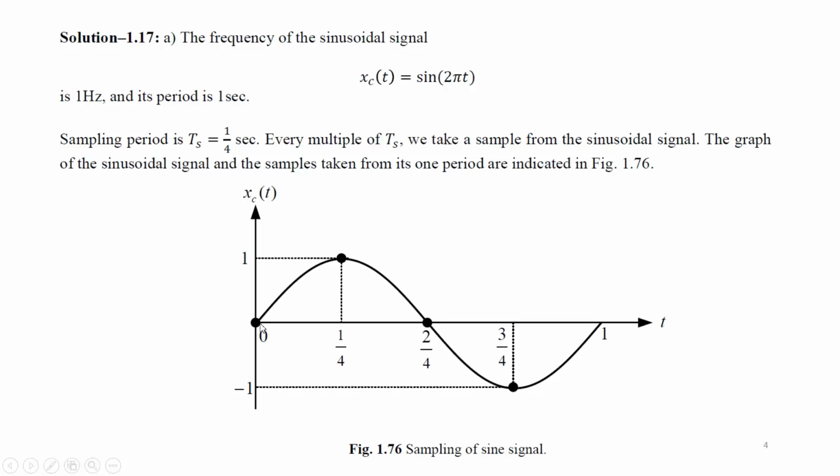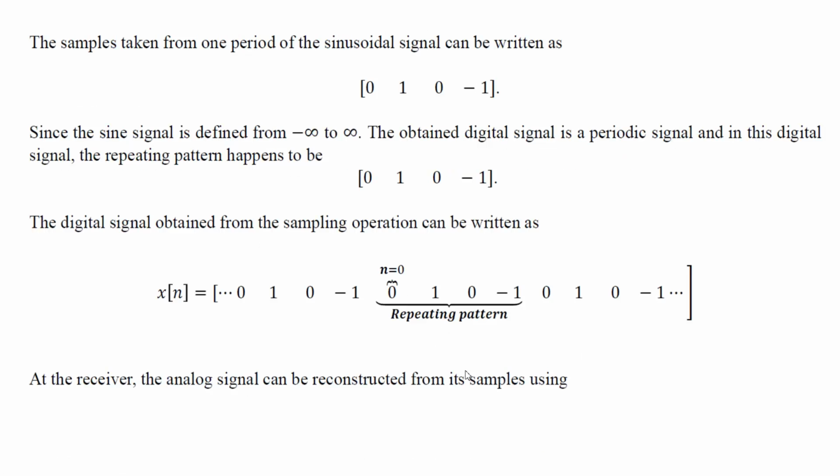Now if you see, for n equal to 0, the value is 0. For n equal to 1, the value is 1. Then it is 0. Then this is minus 1. So 0, 1, 0 and minus 1. This is the digital sequence obtained. The samples taken from one period of the sinusoidal signal are 0, 1, 0, minus 1.